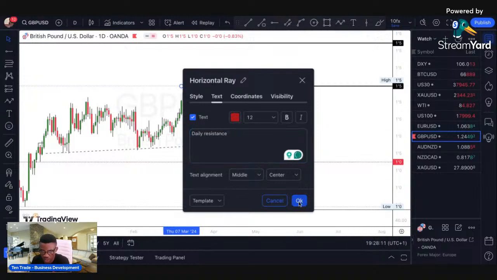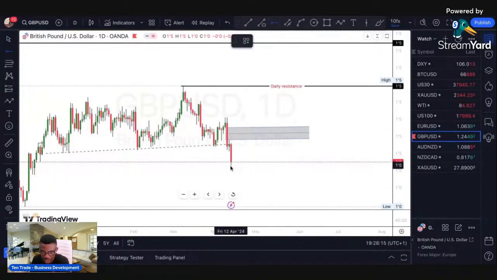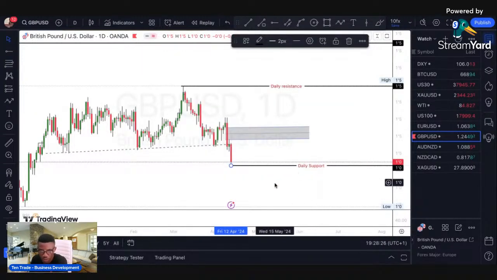So our focus is that resistance, and we are trading that range as against this daily support. This is daily support here.